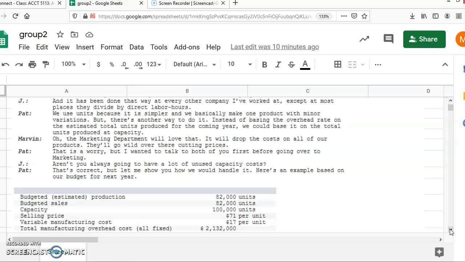That is a worry, but I want to talk to both of you first before going over to marketing. Aren't you always going to have a lot of unused capacity costs? That's correct, but let me show you how we will handle it. Here's an example based on our budget for next year.